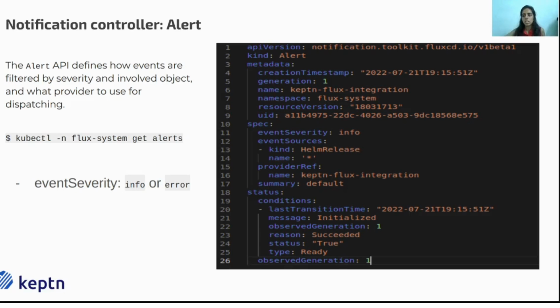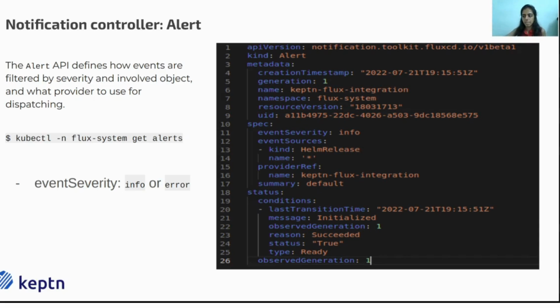Now when the severity is set to error, the kustomize controller will alert on any error encountered during the reconciliation process. This includes kustomize build and validation errors, apply errors, and health check failures.